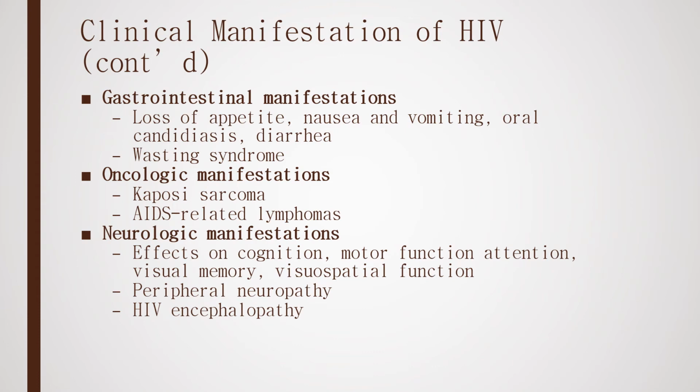AIDS-related lymphoma is usually aggressive. There are three main types: diffuse large B-cell, immunoblastic, and small non-cleaved cell lymphoma. Symptoms include weight loss, night sweats, and fever, and the complete blood count might be abnormal, and a biopsy will confirm the diagnosis of lymphoma or cancer.